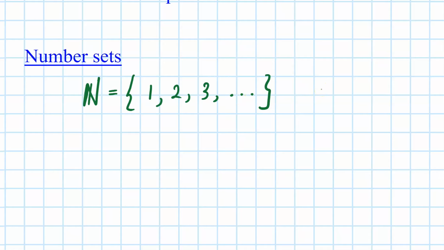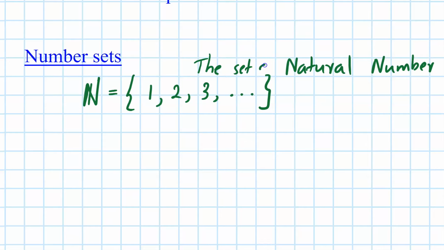Basically, it keeps increasing. This is what we call the natural number set, or the set of natural numbers. Simply, we call them counting numbers as well.